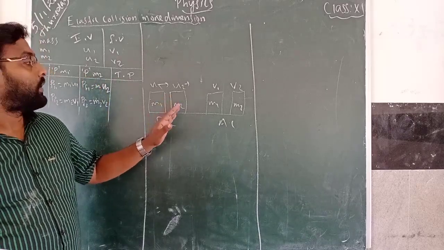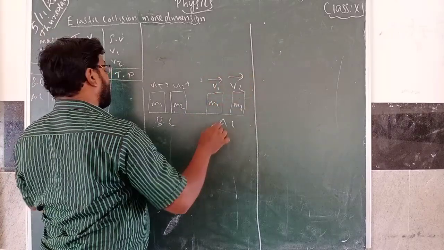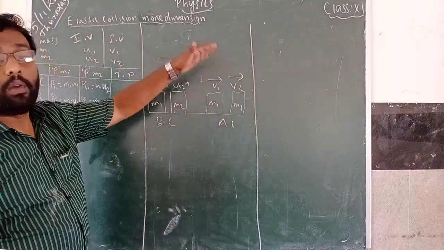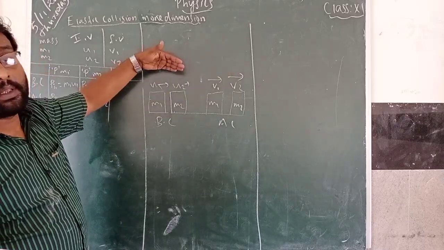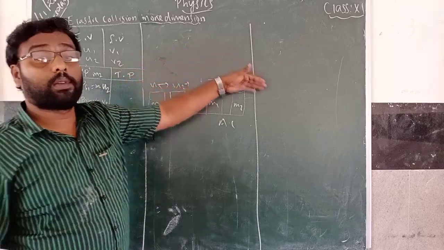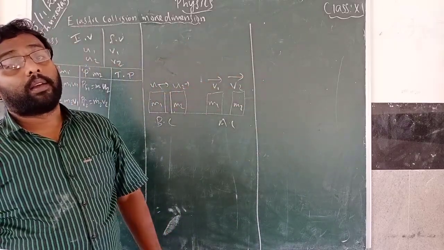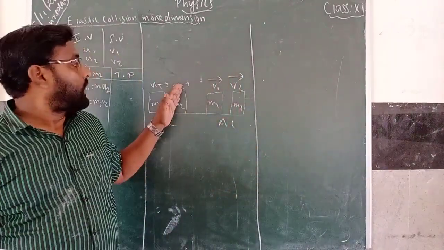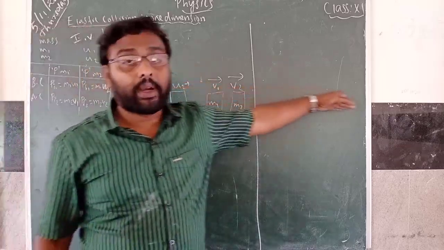When they hit, the velocities change. Initial velocities are u1 and u2, and the final velocities change to v1 and v2.